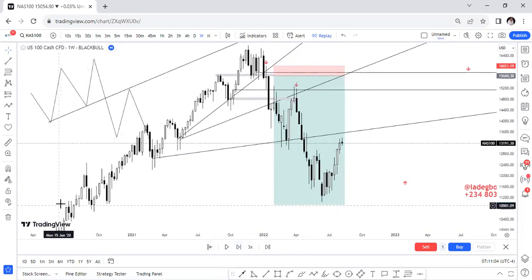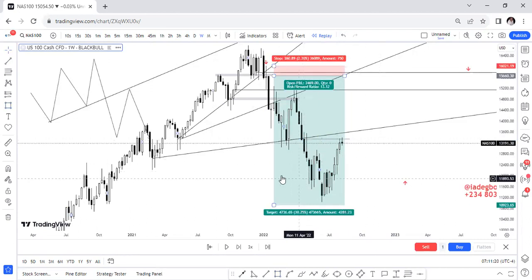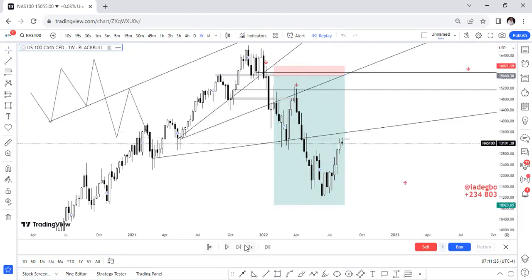You see that? Because we are getting this in here. This is the SNR that has been taken, but it will be retested. It's retested, and you see, it hits the trend line.